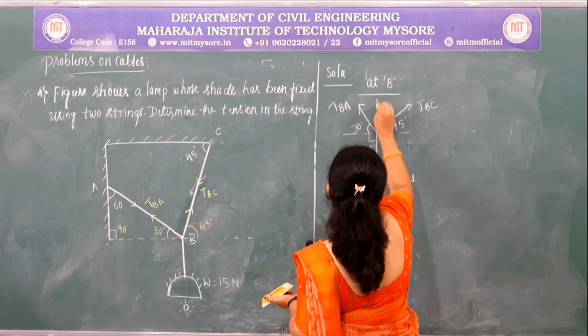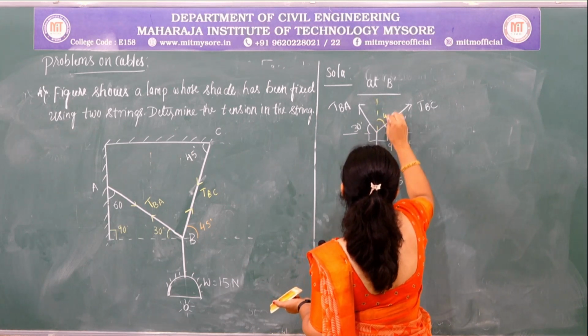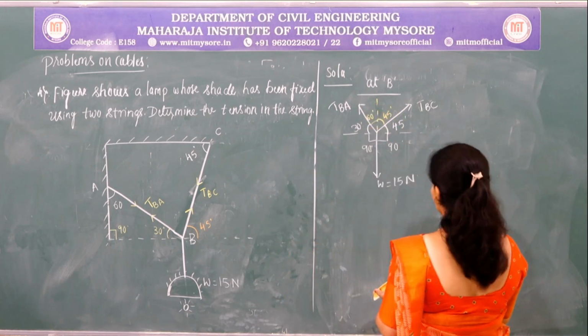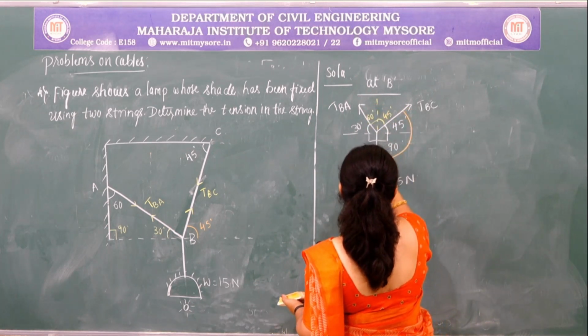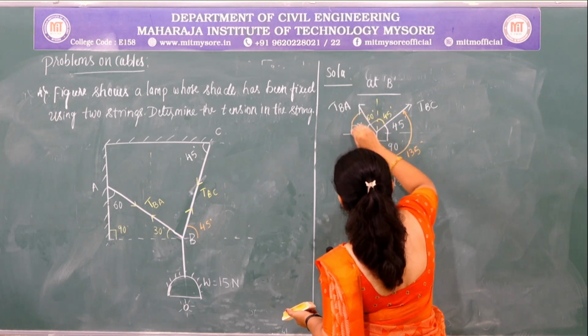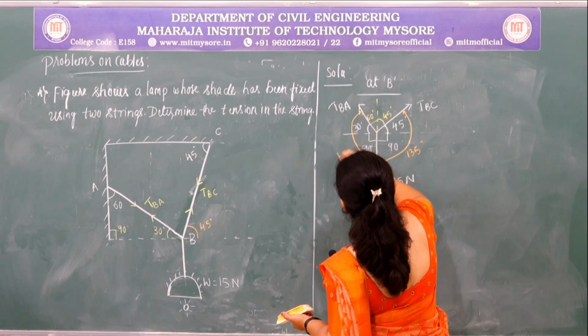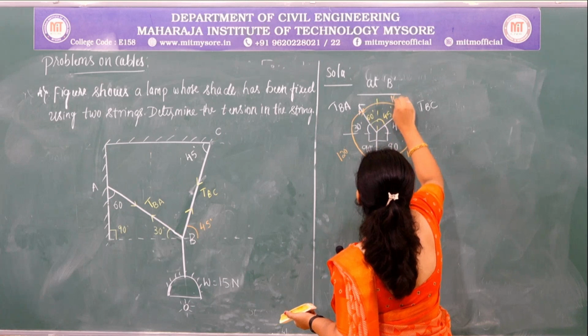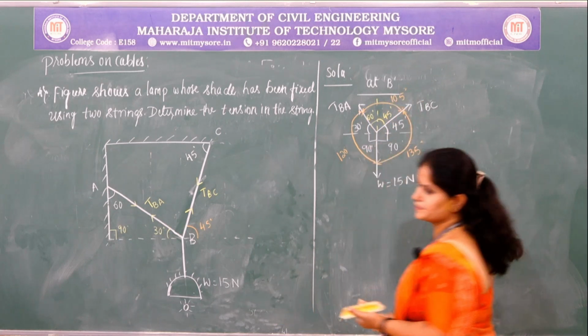So here it is 45 and this is 60. So now the total angle of which is, this is 135 degree and this is 120 degree and this is 105 degree.